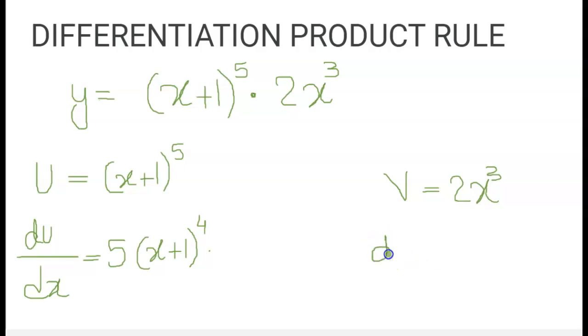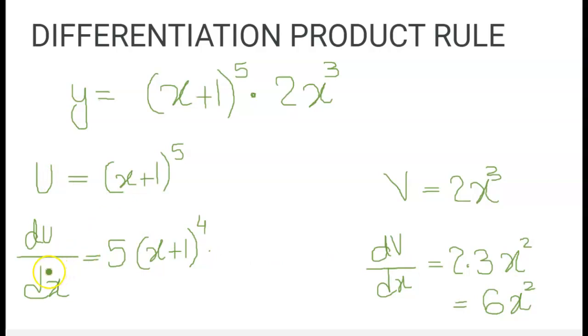Now here, I'm just going to do dv over dx. The 2 is already out. The 3 comes out. Reduce the power by 1, which will give you 6x squared. So now I got u, I got du over dx, I got v, I got dv over dx. So I got all these.